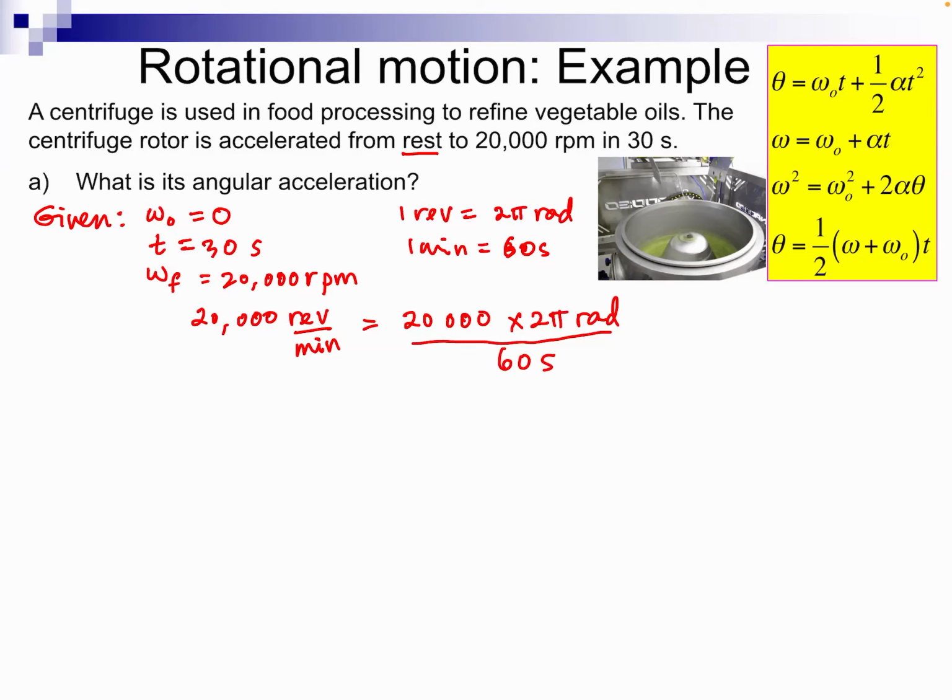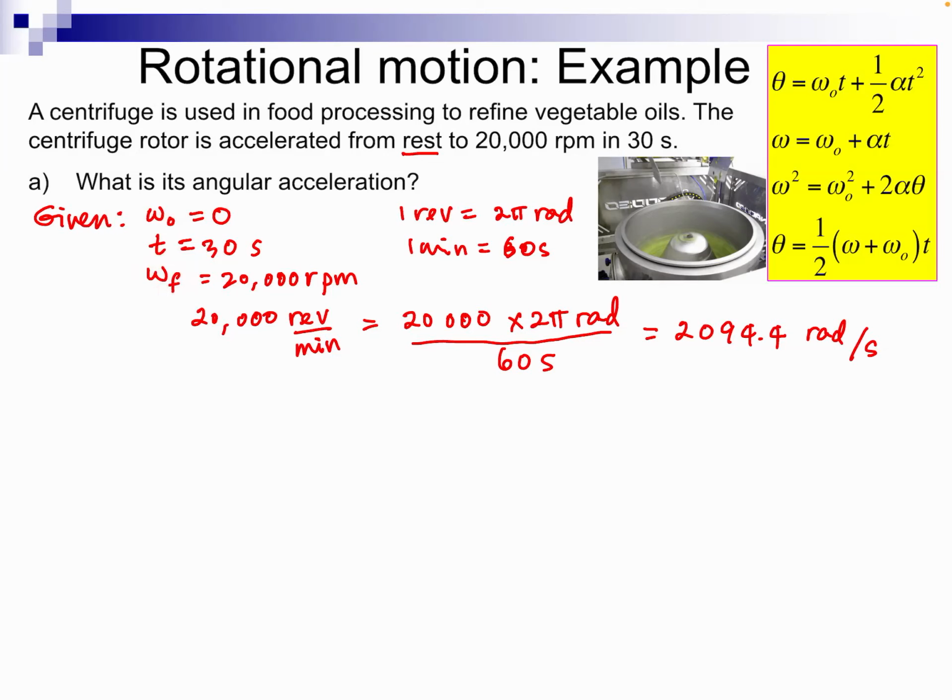Okay. That gives you 2,094.4 radians per second.